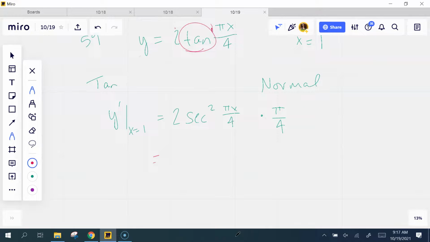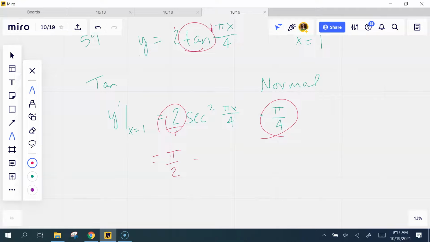So we end up with, and I'm going to make this pi over 2, just like 2 over 1 times power. So secant squared, you multiply square root of 2 by itself, right?